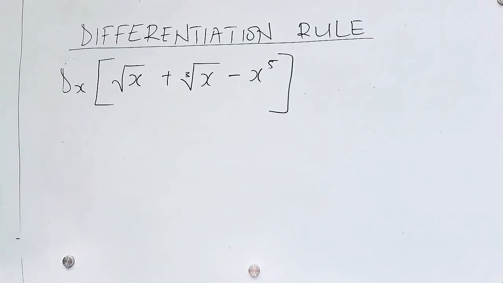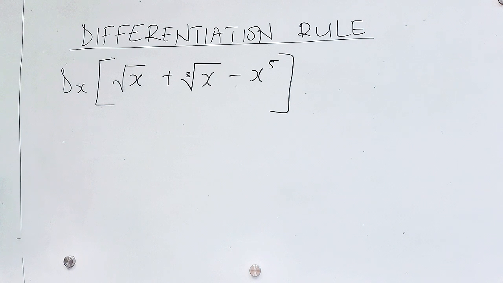d/dx of (root x plus cube root of x minus x power 5). We need to differentiate that. But the first thing, we can't differentiate those square roots or cube roots if it is like that. So we need to simplify that first. You must know what square root and cube root represent in exponential form.